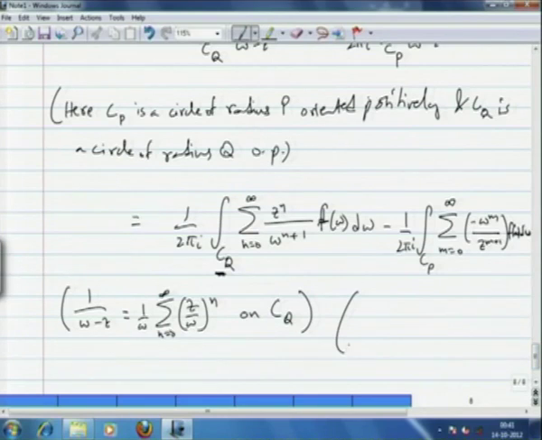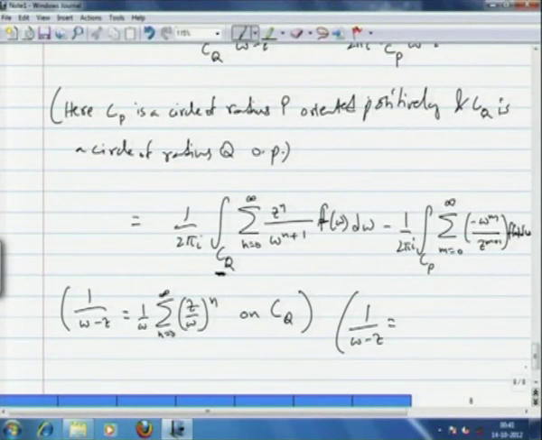Likewise, for the second term, when you have w on C p, w by z is going to be less than 1 in modulus. You can then use a geometric series to expand 1 by w minus z.